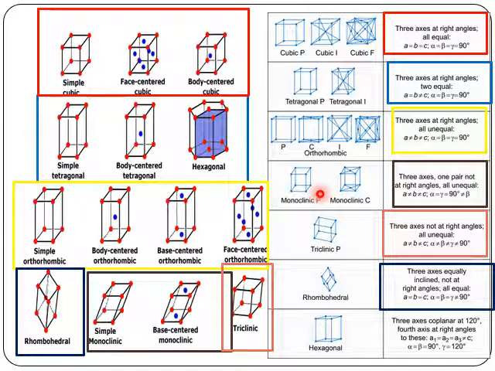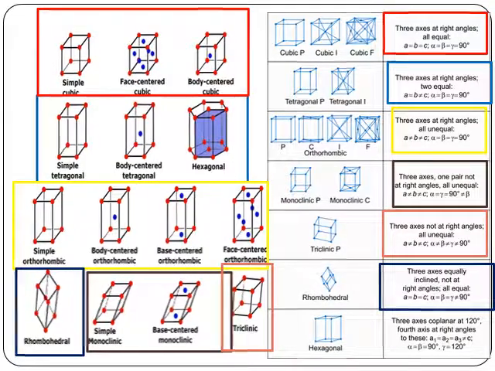Sometimes they may ask you to explain, or list out the 14 Bravais lattices with their relations. At that time you need to write a simple sketch, and you need to say what the relation is between the sides and the angles.